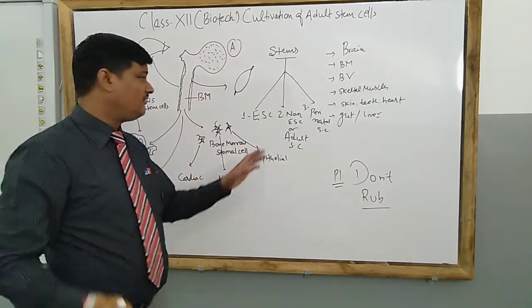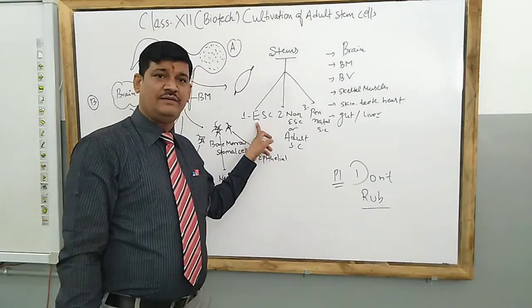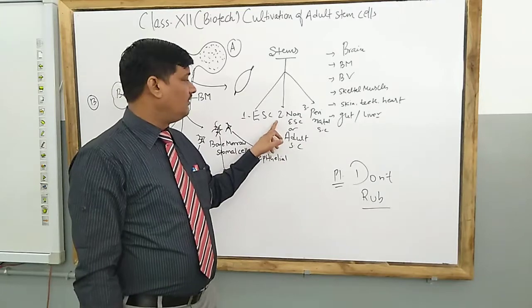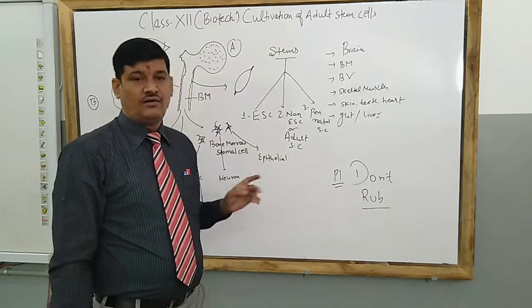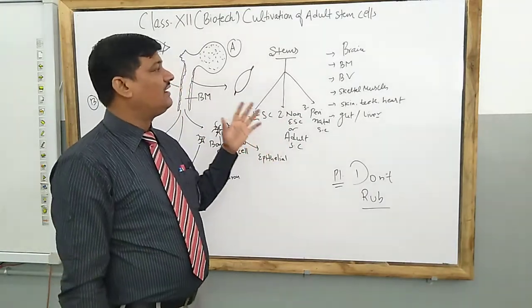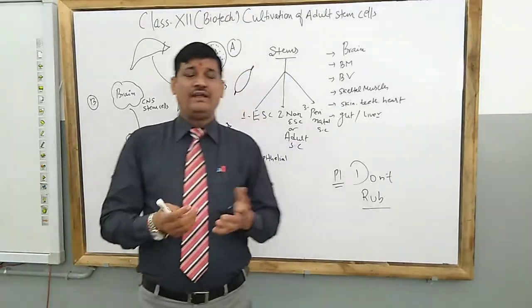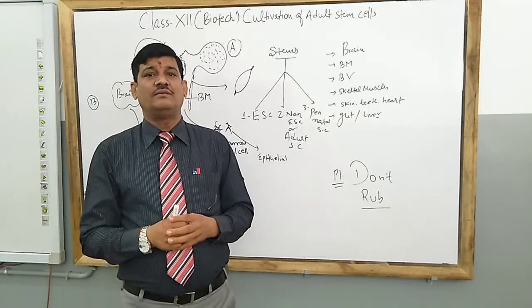So for the flashback only, these embryonic stem cells are taken from the embryo, that is from the germ layers. Non-embryonic stem cells or the adult stem cells are taken out from the various well developed organs of the body.